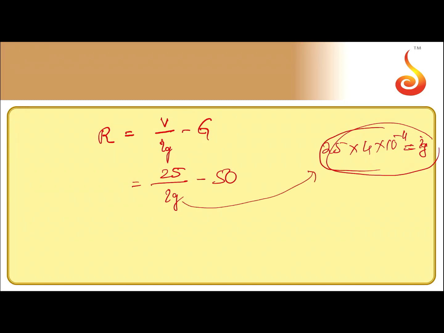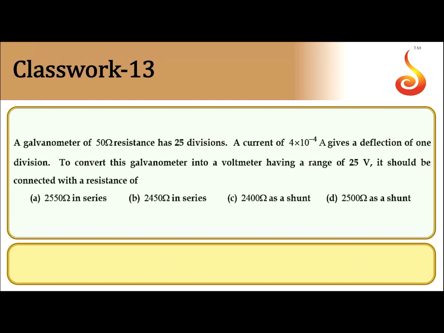So I can substitute this Ig here, and this gives me 2450 ohm. So remember, you are converting this galvanometer into voltmeter. So what kind of combination it should be? Obviously series combination. So 2450 ohm in series.